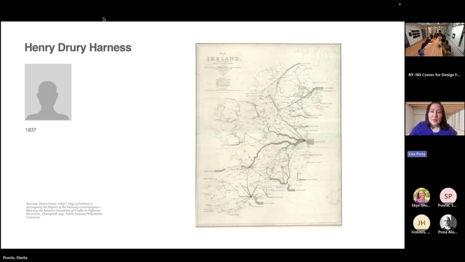Some of you, if you look closely, will see this is very similar to the method that we saw from Charles Joseph Minard and his maps, who loved that method of flow maps. But it is said that Harness's version was the first published flow map.